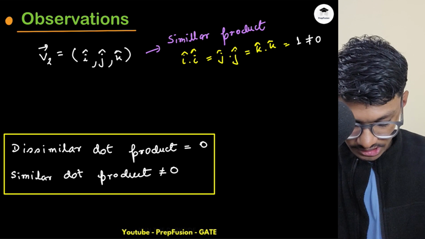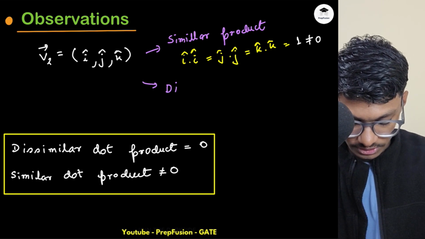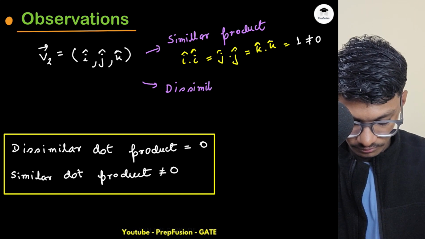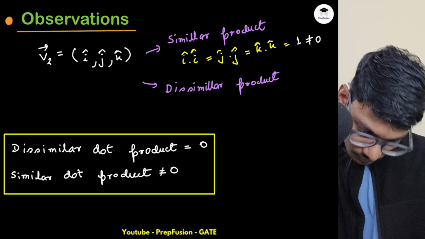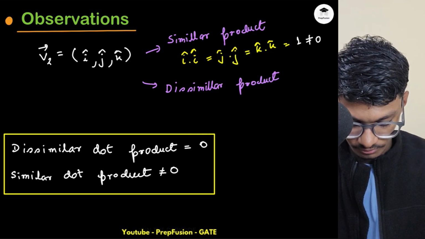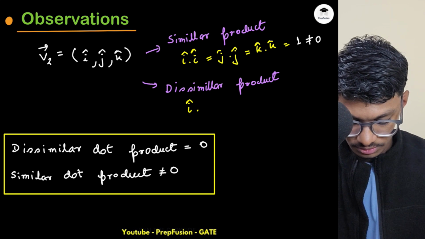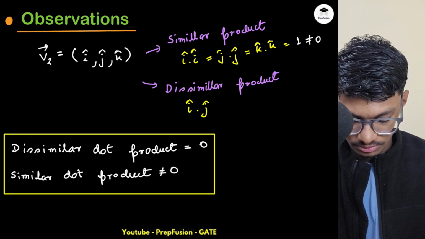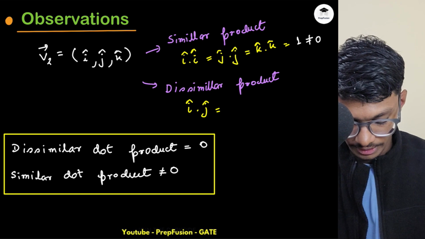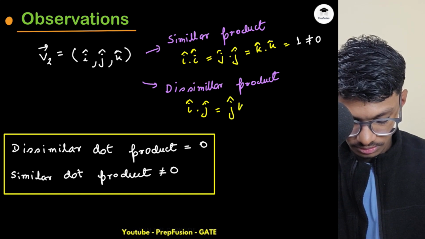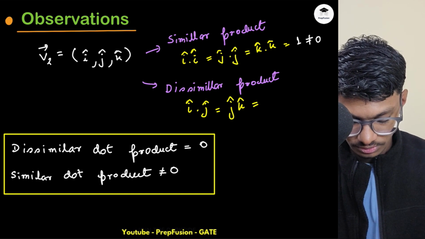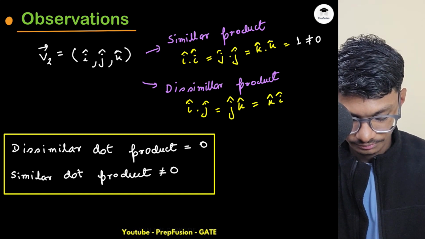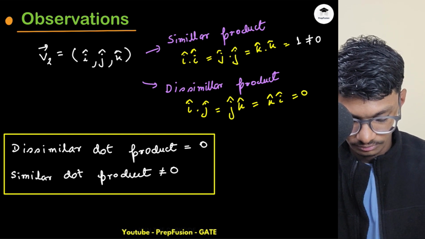Now if I write the dissimilar product of these three, i dot j equals j dot k equals k dot i equals 0.